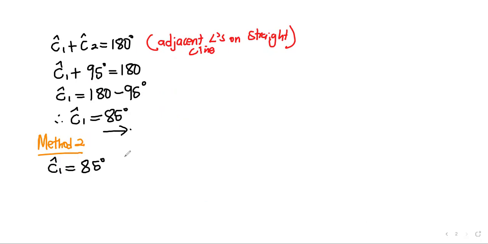Then that will be alternating angles are equal. So can you see that even if you're using method 1, which is this one, we're getting 85 degrees, as well as even if you're using method number 2, you're going to get 85 degrees. So this is to show you that our answers are correct.